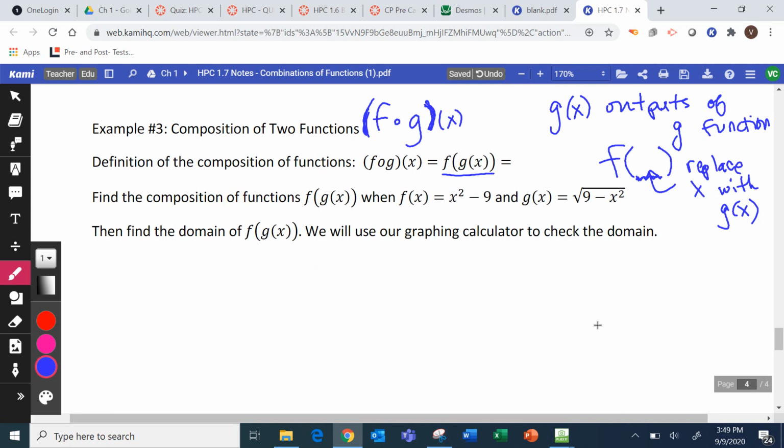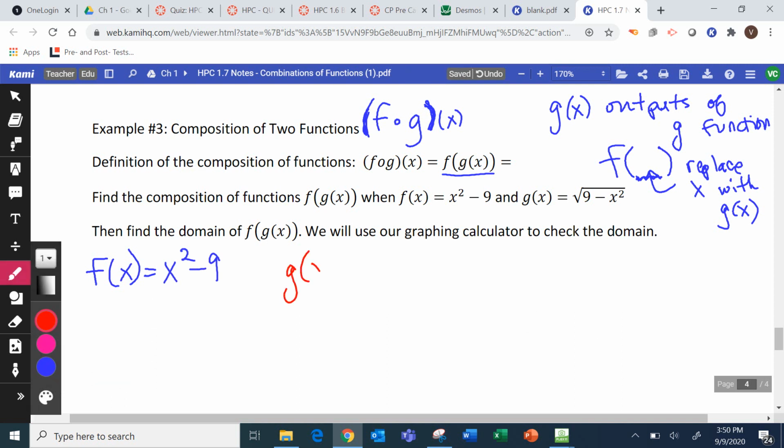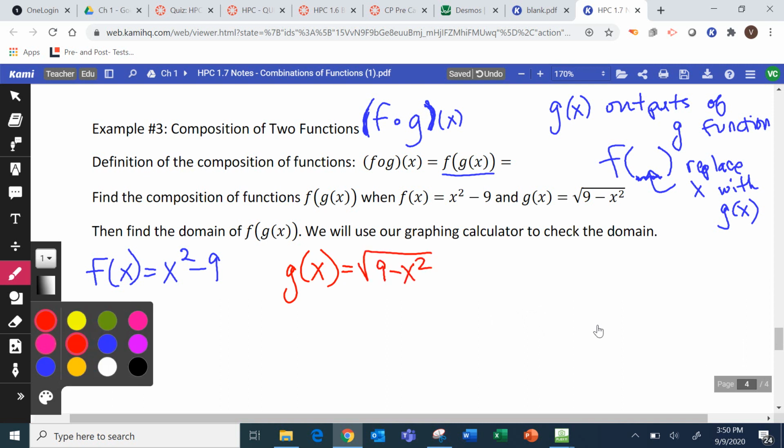So here's our two equations. We've got f of x, which I'm going to put in blue. F of x equals x squared minus 9. And I will put g of x, square root of 9 minus x squared, I'll put that in red. And what I'm going to do is color code everything so you can see what's happening.